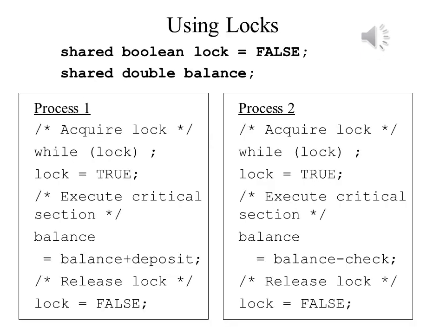Let's take another look at how our concurrent checkbook processes would work once we start guarding our critical sections. They still have balance as a shared variable, but now there is another shared variable, the Boolean variable lock. Each process starts off by checking to see if the lock has been set.